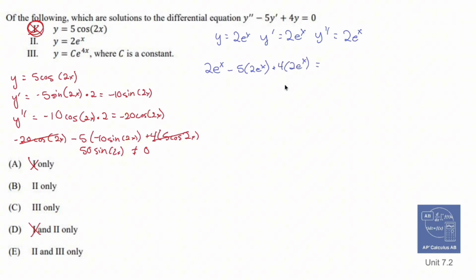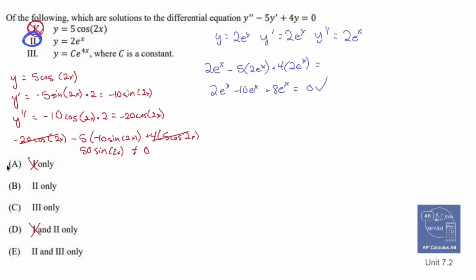I'm supposed to get 0. So 2e to the x minus 10e to the x plus 8e to the x is going to end up being 0. So 2 actually does work. Hooray! So that is a possible option, but we're not done yet because I could still get 3.